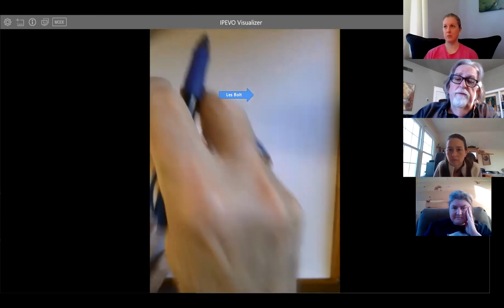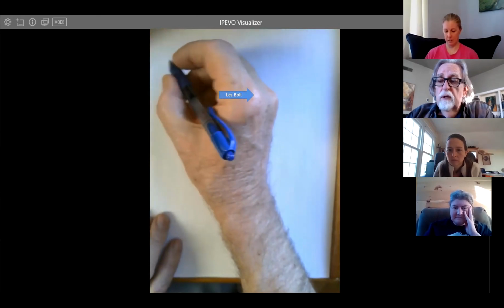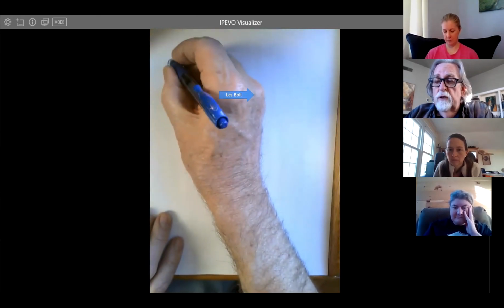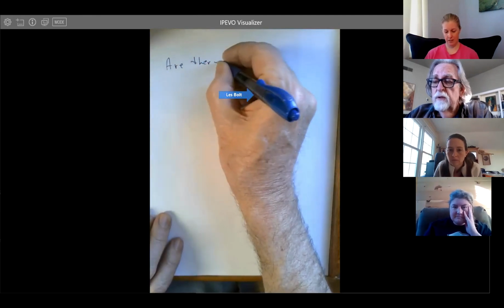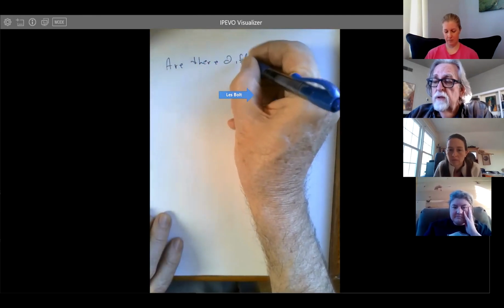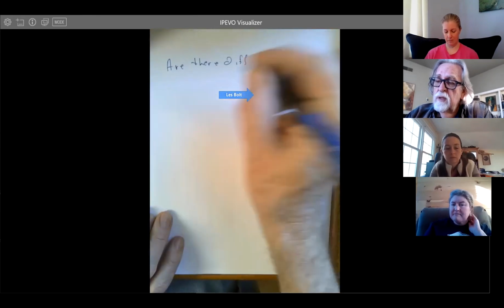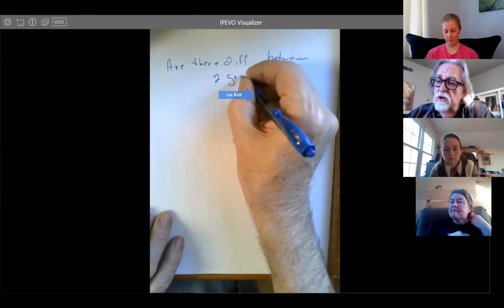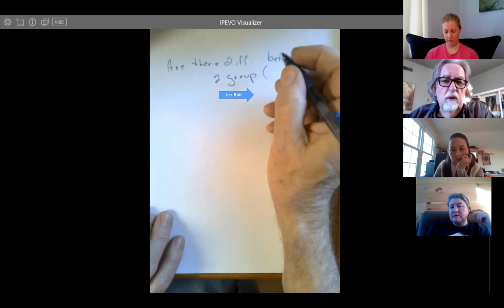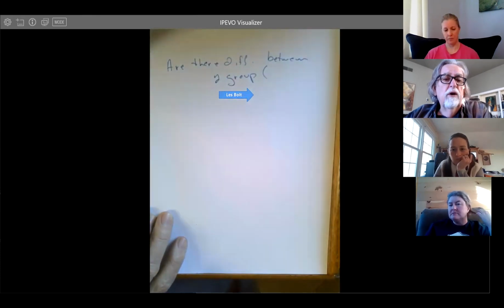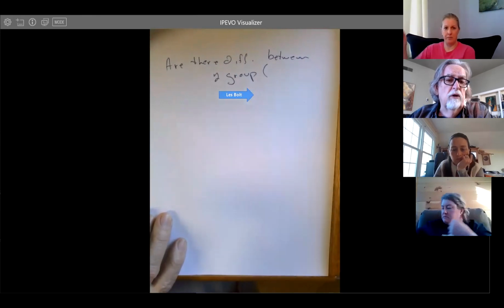So the first question is kind of what we dealt with last week. Is the question, are there differences between two groups? And generally we're talking about experimental control, or if you have two groups and you're interested in both, they each could be an experimental for the other or control for the other.